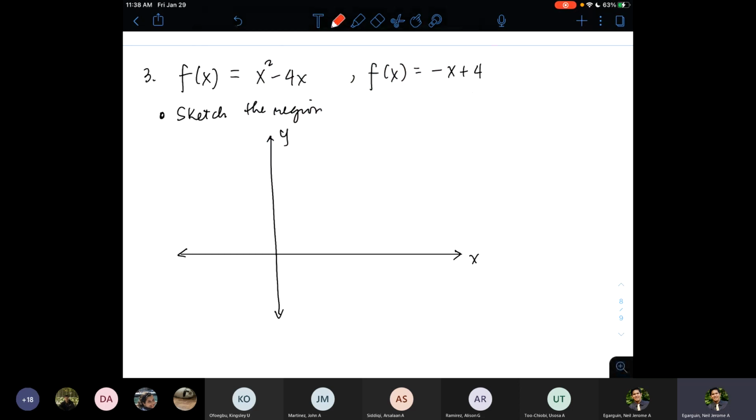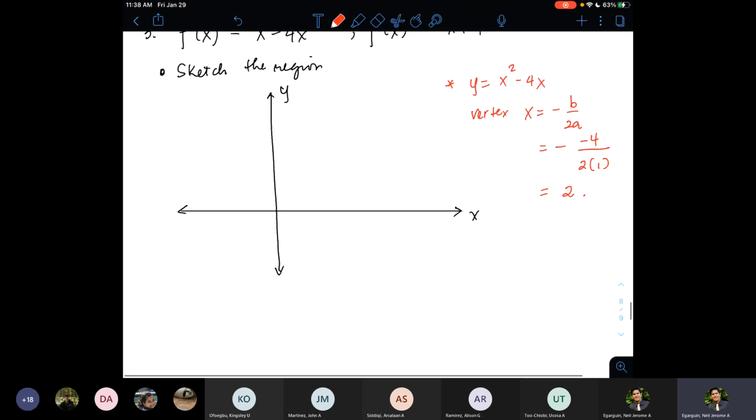Let's start with that. Okay, so I'll have y equals x squared minus 4x. The vertex occurs at x equals negative b over 2a, b being the coefficient of x, so that's negative 4 in this case. And then a is the coefficient of x squared, which is 1. So that means the vertex occurs when x is equal to 2.